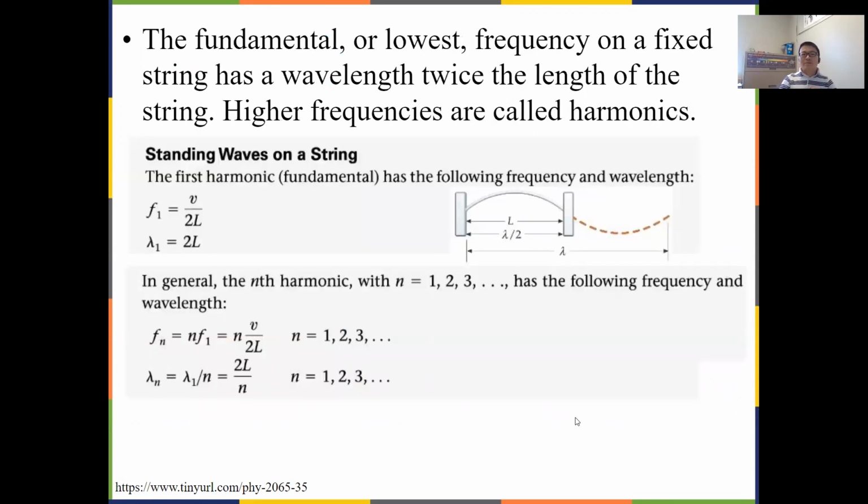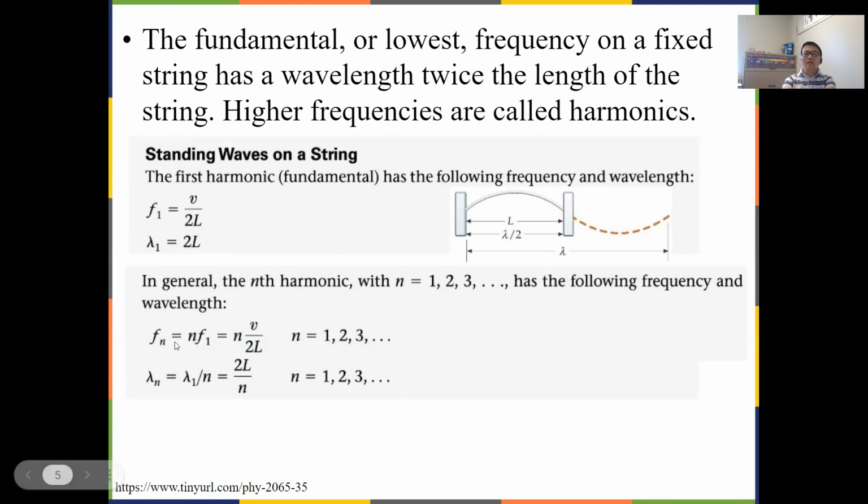For the first harmonic, called the fundamental harmonic, the wavelength will be equal to 2 times the total length of the string, and the frequency will be equal to the velocity of the wave divided by the wavelength. So this is lambda, because frequency should be equal to wave speed divided by the wavelength. Okay. So for the nth harmonic, n can be equal to 1, 2, 3. 1 being the fundamental, 2 being the second harmonic, 3 being the third harmonic.